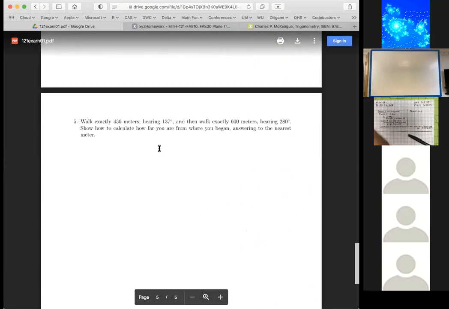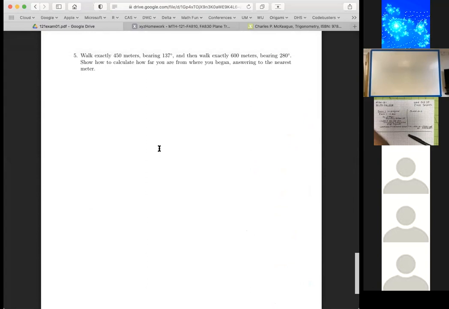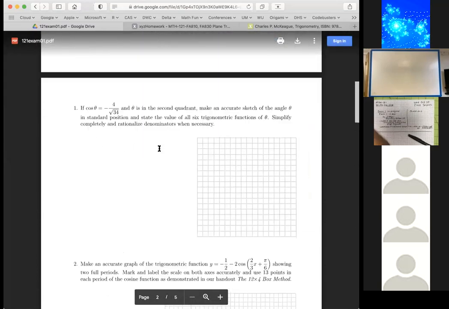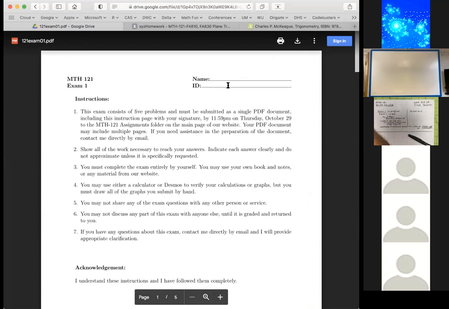The exam has 5 pages. There are 5 problems. If you need to do additional work, you can label it and attach that, but there should be space there for you to do your work. Just if you attach additional pages, label it really clearly so I know what problem that is and what your answer is.